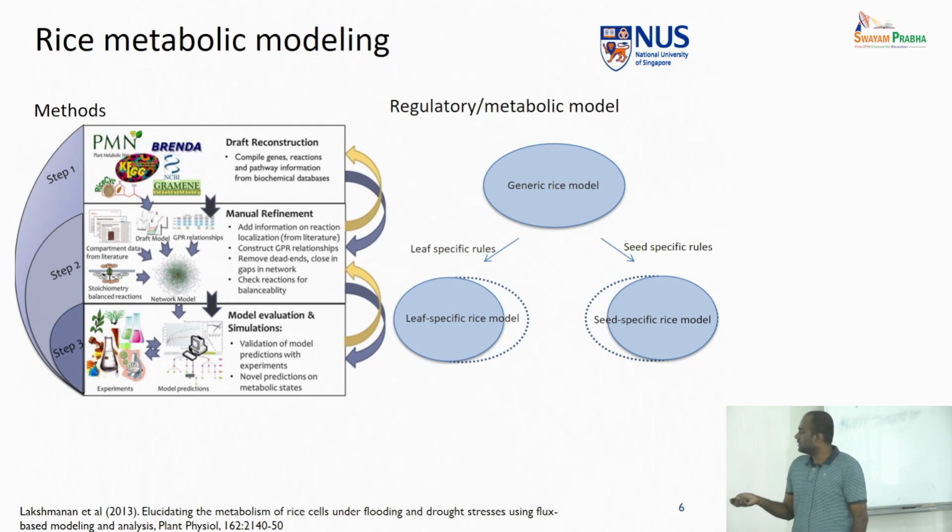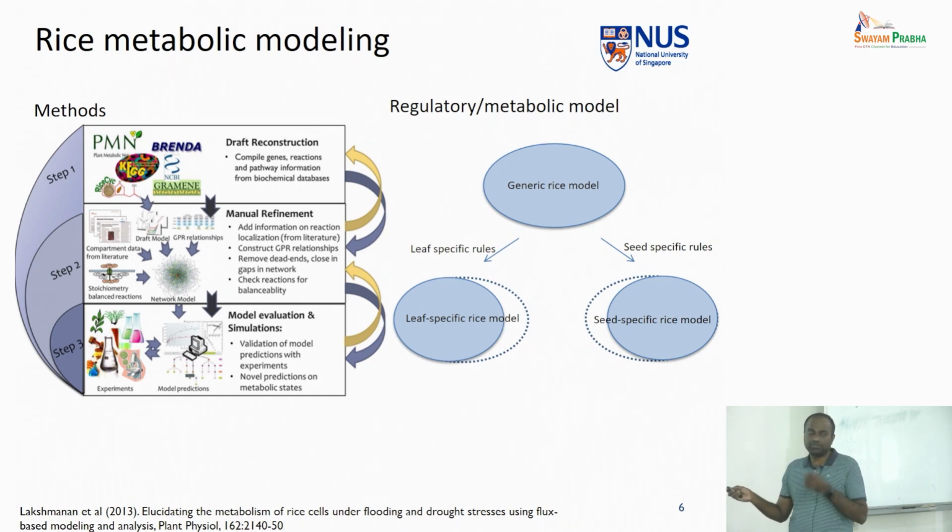So at the outset, we established a generic rice model. Then we also set out based on the transcriptional regulation. As I mentioned earlier, not all the genes encoded will be expressed in all the tissues. So we used that logic to tailor our generic model, which encodes multiple genes.